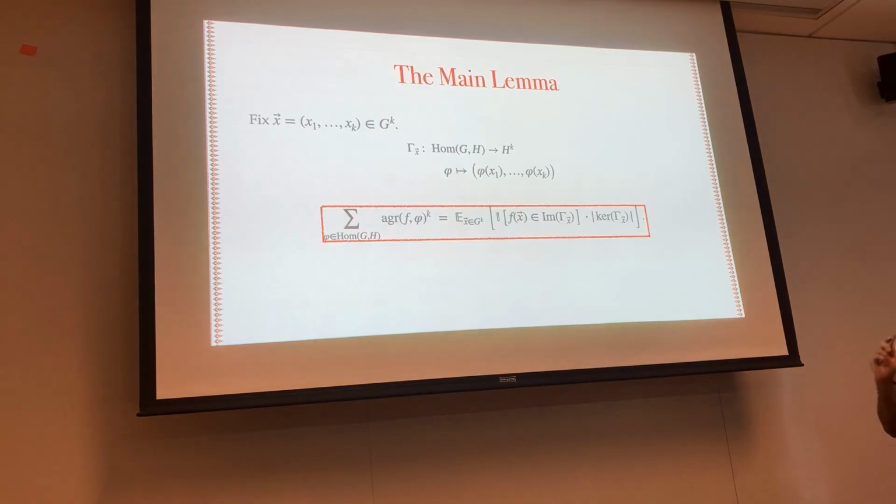But the key lemma that you get with a little bit of work is that this moment has an exact expression in terms of this map gamma. The kth moment is the expectation over all tuples of the size of the kernel of the map gamma times the indicator of whether the vector f(x1), f(x2), ..., f(xk) is in the image of this map.